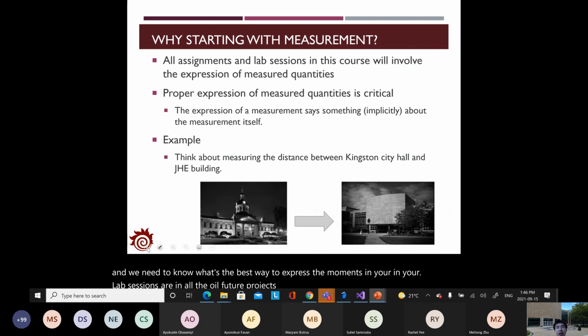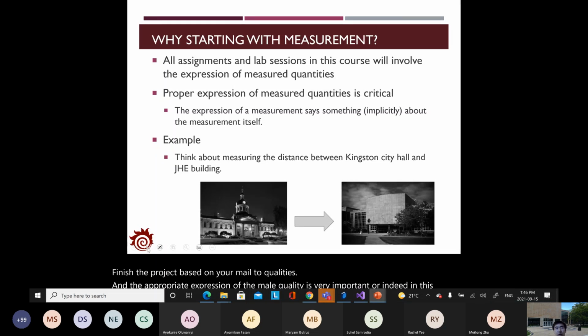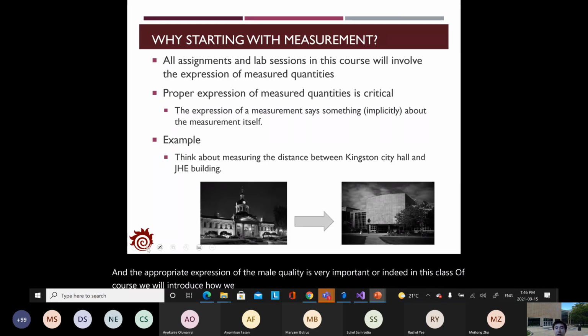With that, another person can easily capture what you are measuring for the project, and how they can reproduce or finish the project based on your measured quantities.